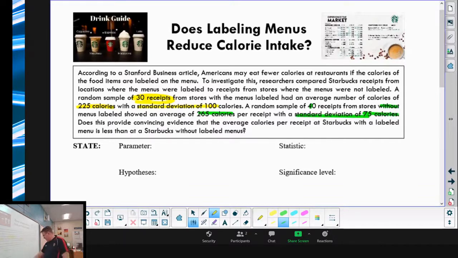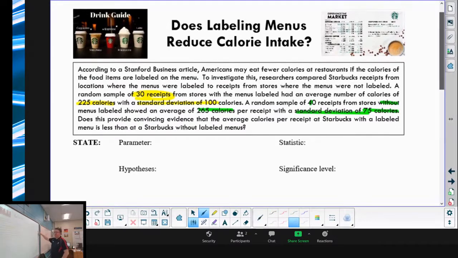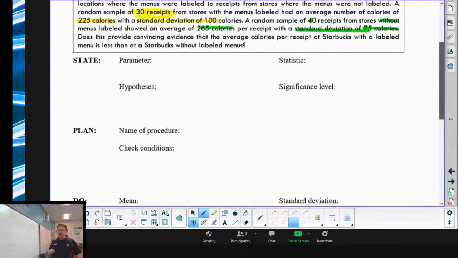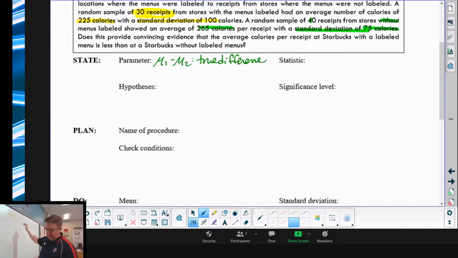Okay, so as we go through and talk about this, my parameter here is going to be mu1 minus mu2, and that is going to be the true difference of our mean calorie intake.